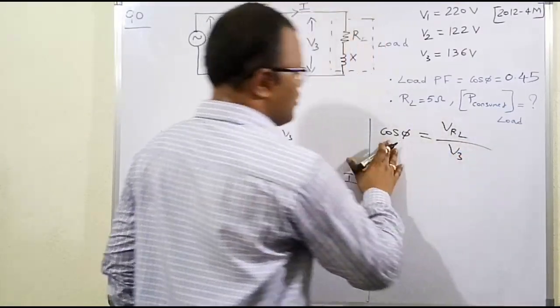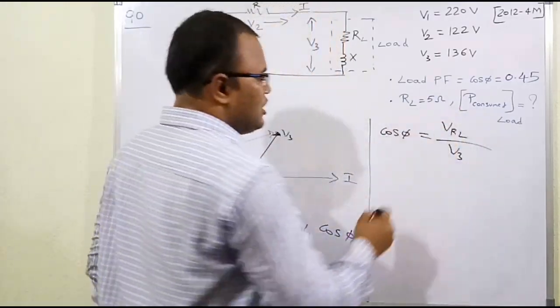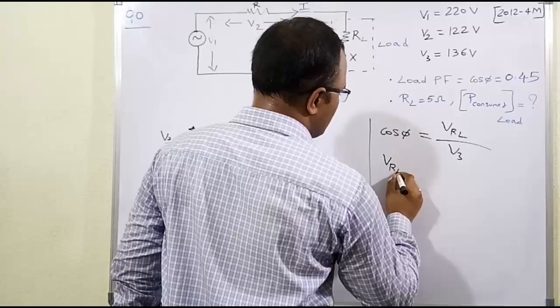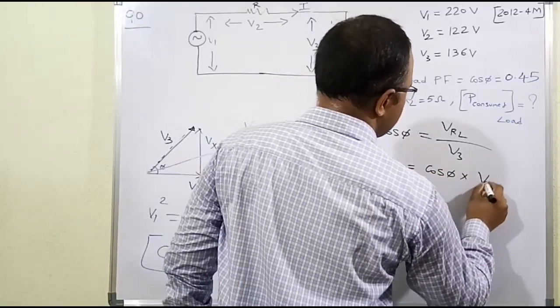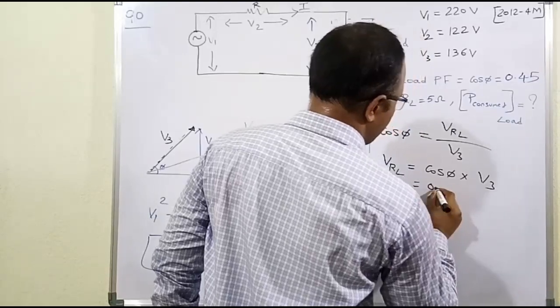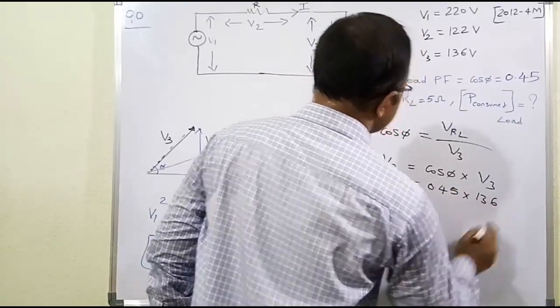Now I know cos phi and I know V3. The only unknown value is VRL. Therefore VRL is equal to cos phi into V3. Cos phi is 0.45 and V3 is 136.